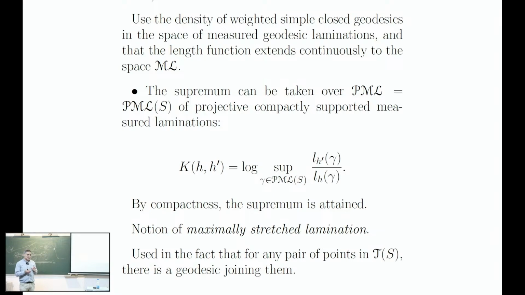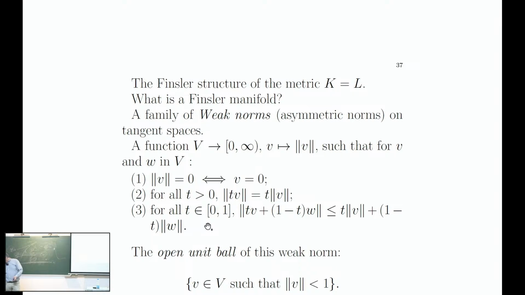Once you find that there is a measured geodesic lamination on which the supremum is attained, then it is this one which you have to stretch to find a geodesic path which starts with this surface and goes to the other surface. I'm simplifying. I'm saying a lot of things in half an hour, but I'm obliged to say this. So this fact is used to prove that for any points in the Teichmüller space, there's a geodesic joining them.